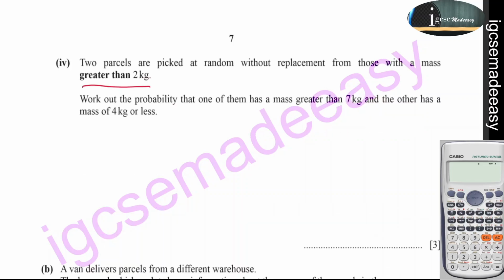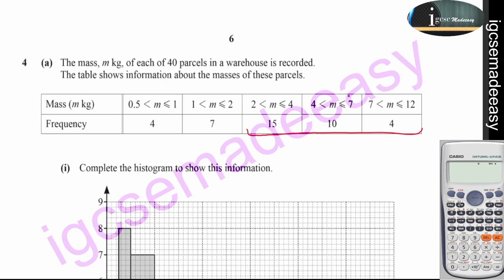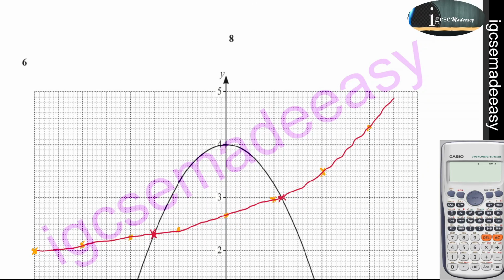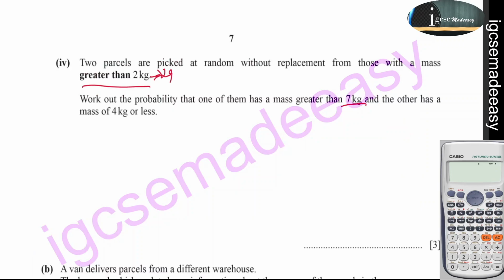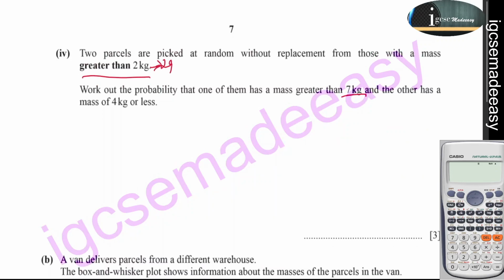So we have 29 values that are greater than 2 kg, and we work out the probability that one of them has mass greater than 7 kg. Greater than 7 kg is this case, so 4.